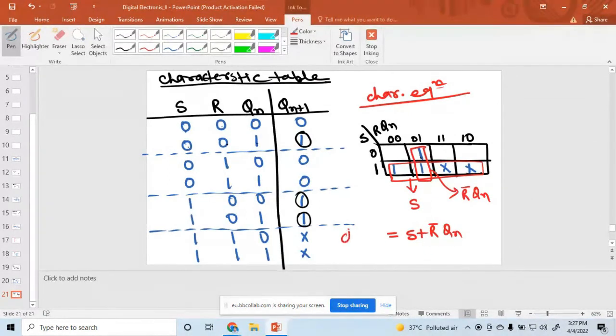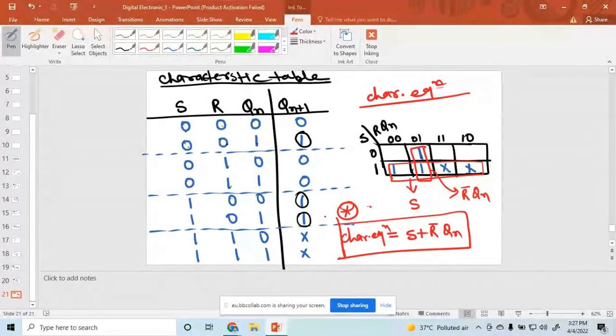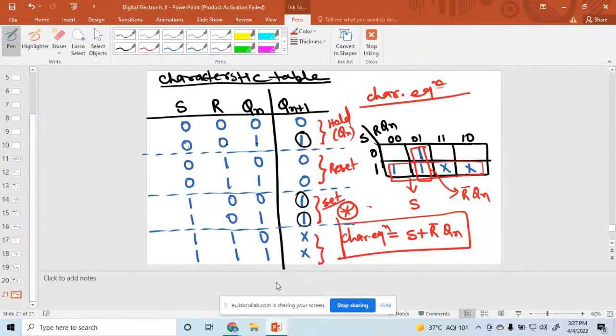This is the characteristic equation of SR flip flop. Remember how to find the characteristic equations. I hope that is clear to all. Yes or no? So this state is called reset state, and this one is called set state, and 0 0, that one is called hold, that is Qn, and this state is called invalid state.